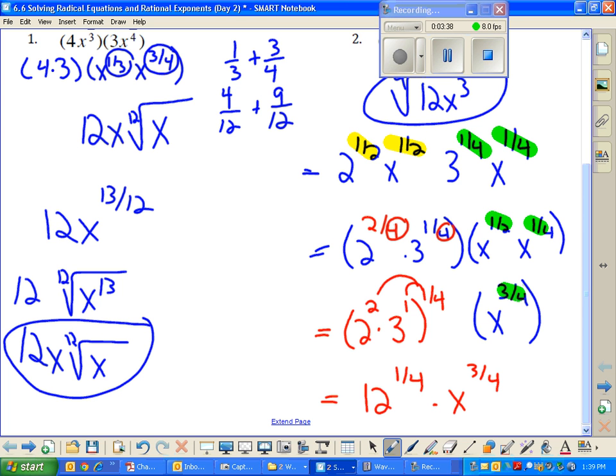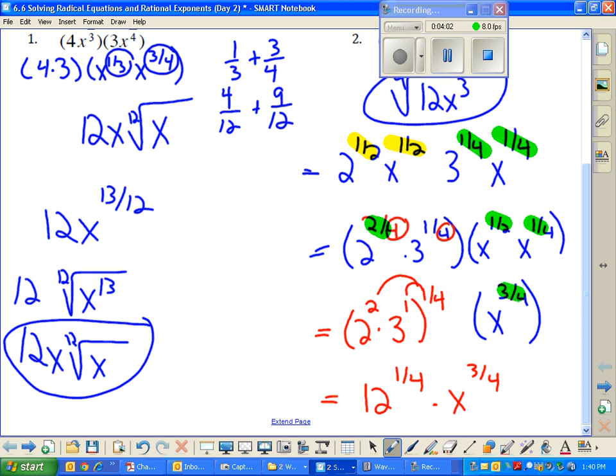When I saw it my way, if they were like bases, I would try to add the exponents, and that made me think they could have the same denominator. If you were adding 1/2 and 1/4, the LCD would be 4. So 1/2 is just 2/4. That's where the 2/4 came from.